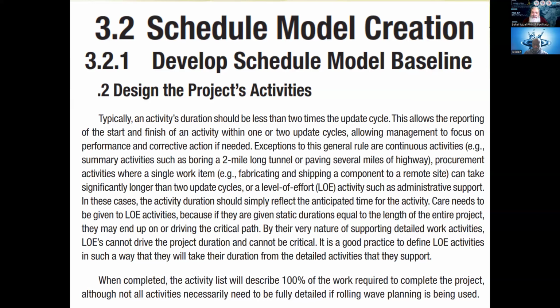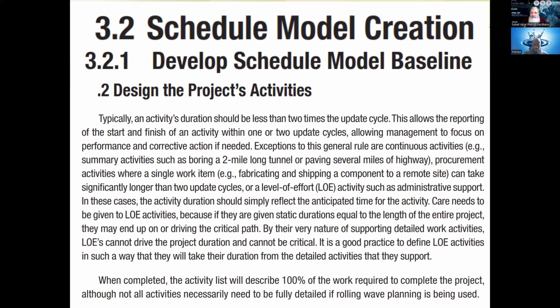Meaning, none of the activities should be more than 2 weeks long. Generally, activity size should be half of the update cycle or less. And if at all some activities are longer, try to not have an activity more than 2 update cycles.